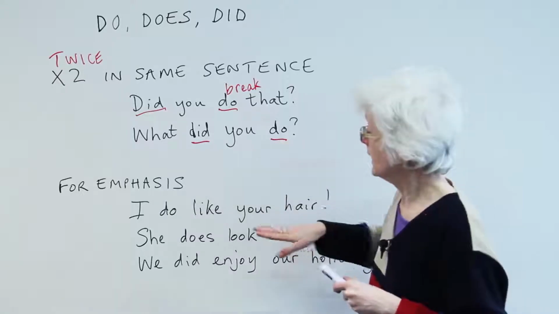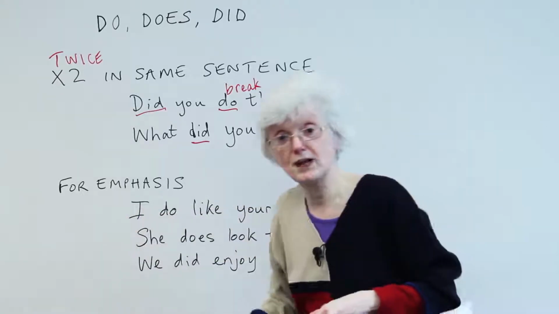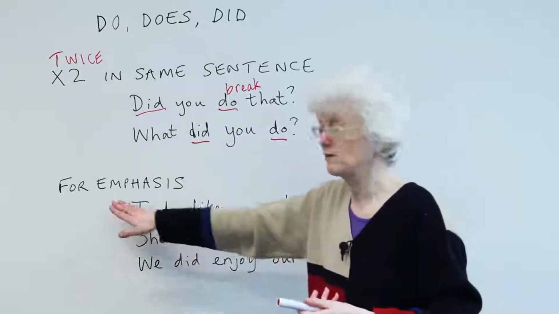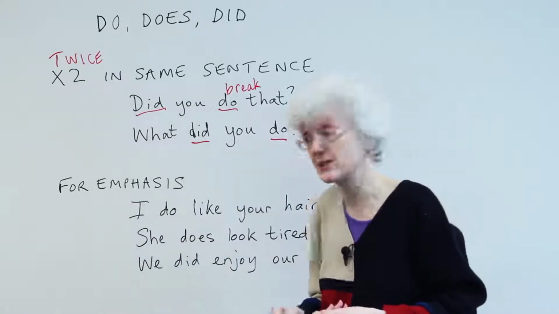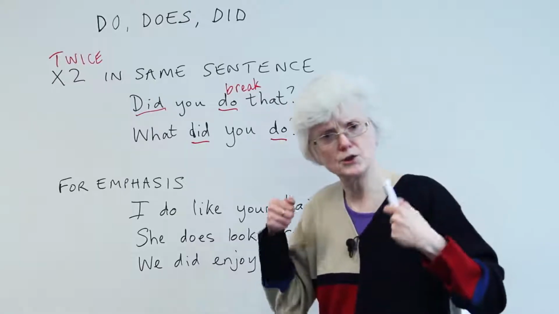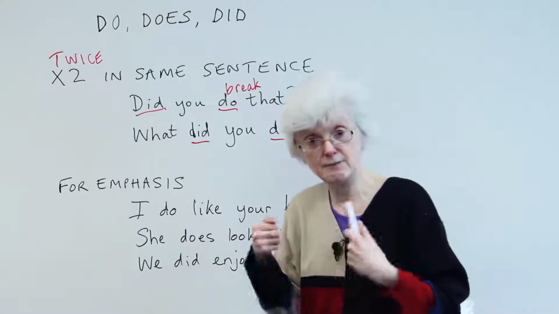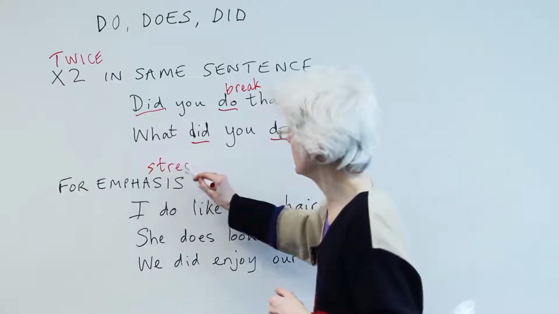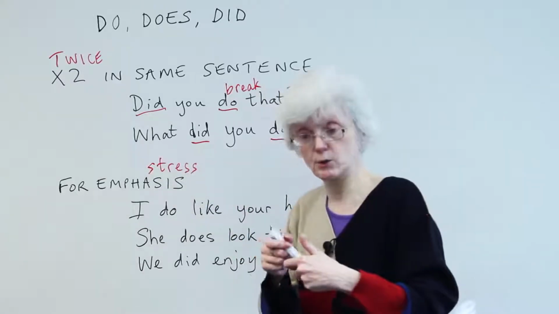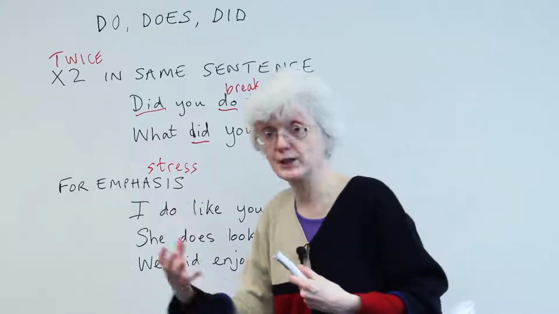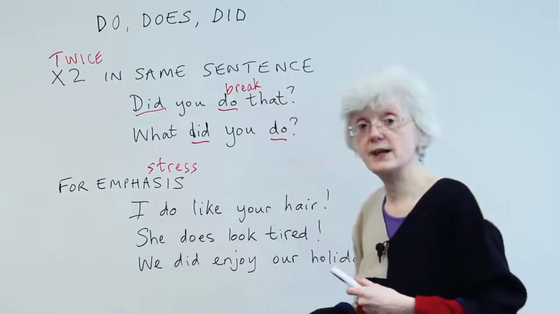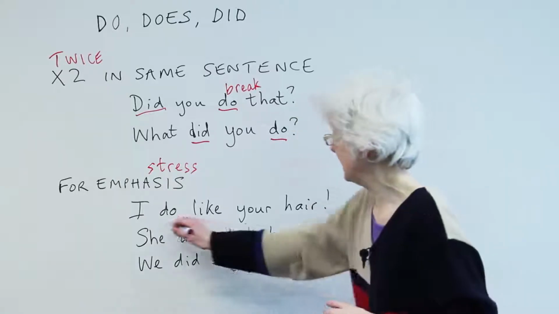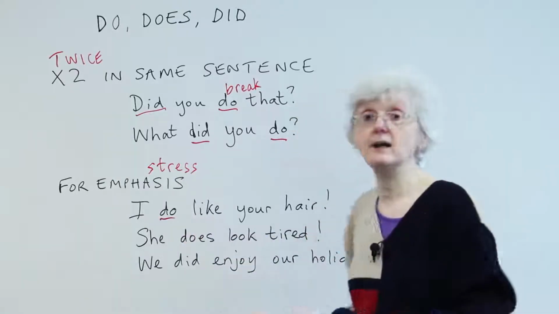Okay. And then this is rather a fun use, a nice use of the verb to do for emphasis. If you want to put more stress on something, emphasis, or stress, and you also stress it with your voice as well. If you say, I do like your hair, you can say, I like your hair.